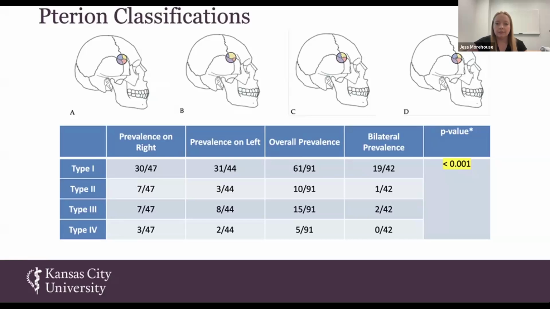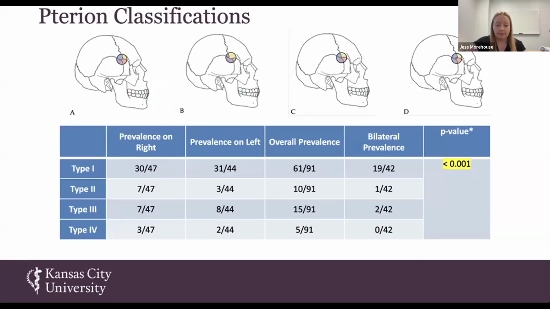However, one of the most interesting pieces of information, in my opinion, that we uncovered was that out of the 42 cadavers we were able to get bilateral information on, only 22 of them had the same type of pterion bilaterally, meaning that about 48% of these cadavers had differing pterion types on the right and the left.